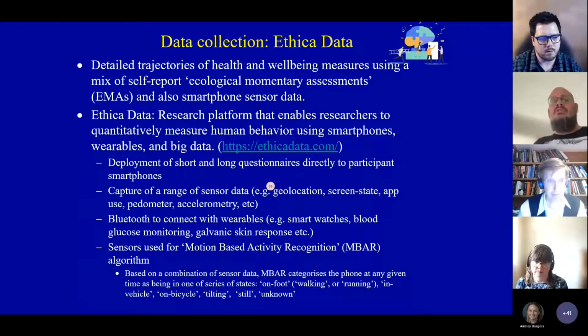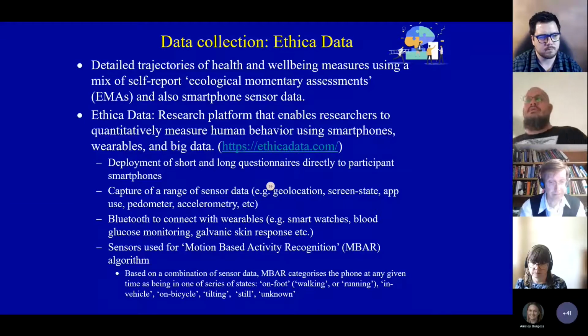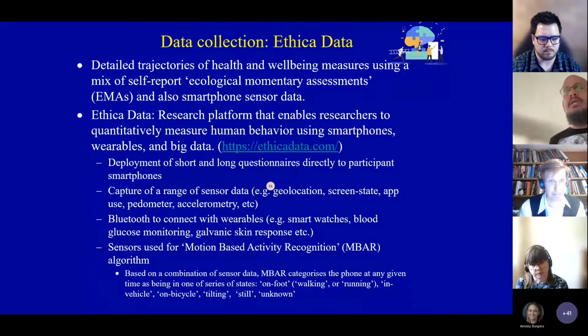Those are short or long questionnaires that were sent directly to the smartphones of the participants. And we also collected data from a number of sensors directly from the smartphone. We could collect data from the GPS, the screen state, the app use, pedometers, and others.